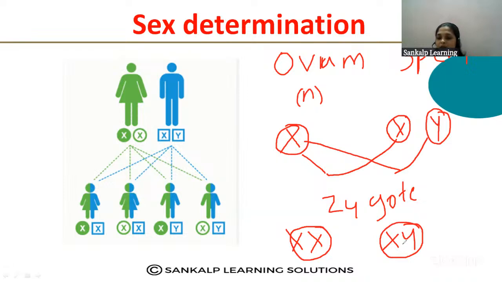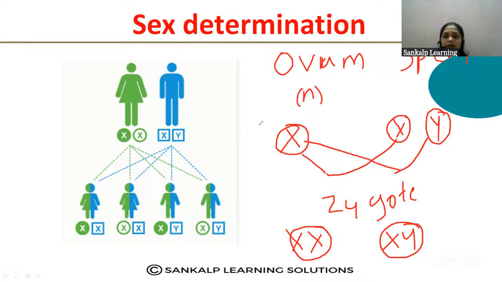Yes, write down, XY is male. Padmavati, your answer is right. XY means it will develop into a male baby. Many students are writing the correct answer in the chat box.